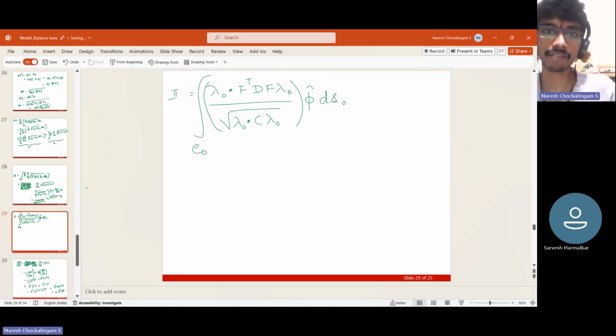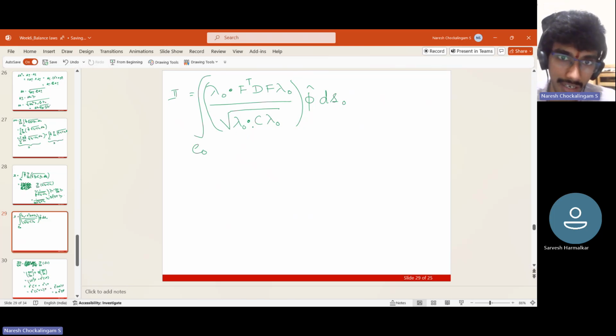Now let us multiply and divide by this quantity, the square root of lambda naught dot C lambda naught. So you get lambda naught, and this F transpose can be brought to the other side.